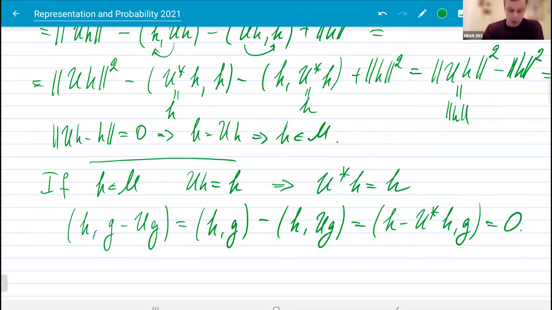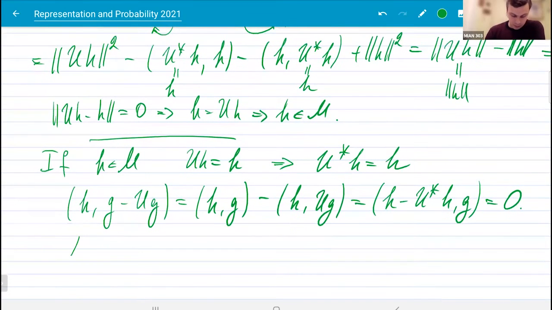So we see that H is orthogonal to M. So this is the same. And therefore, the claim is completely proven, and the whole von Neumann's ergodic theorem is also proven.